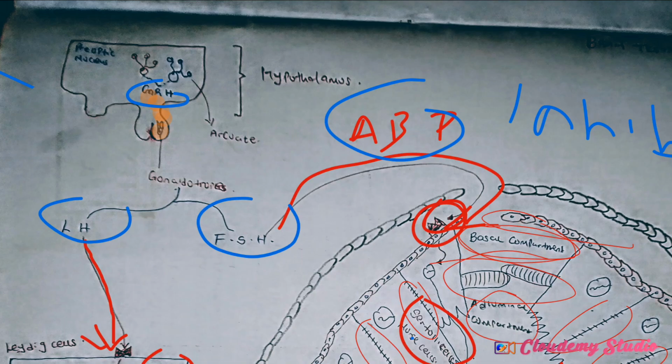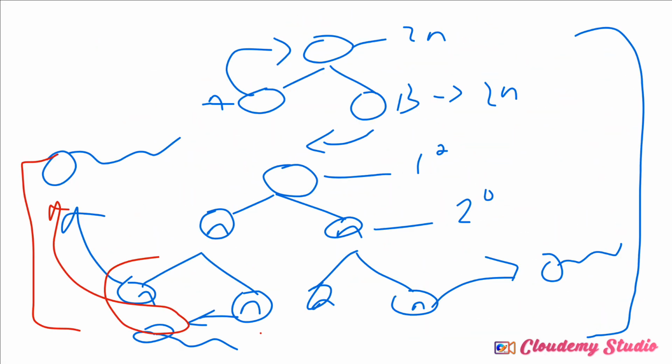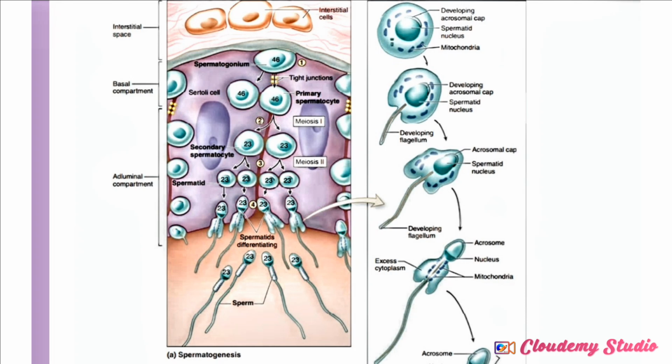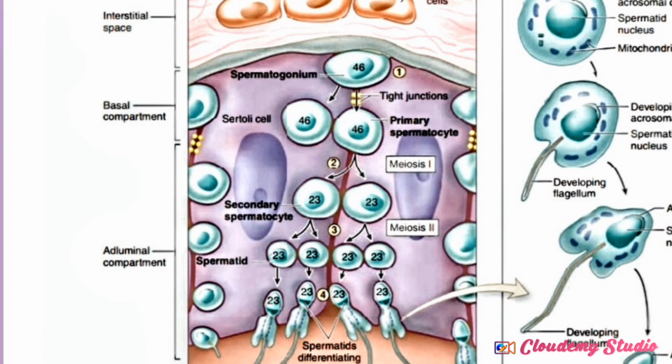So look at this. This is a structure showing the process of spermatogenesis. From 46, which is diploid, into another 46, which is the primary spermatocytes.